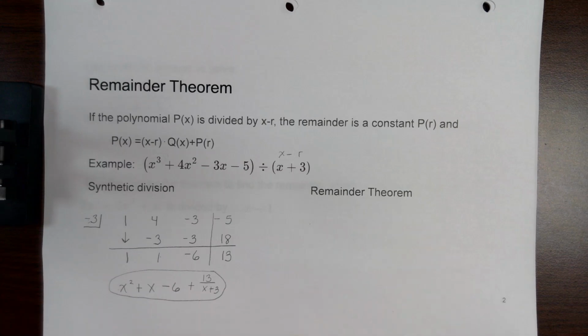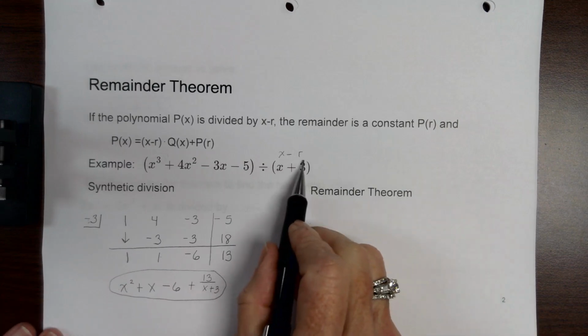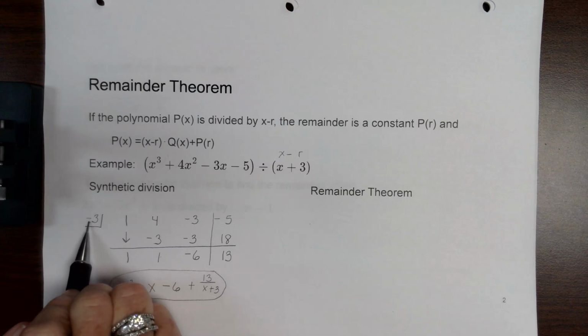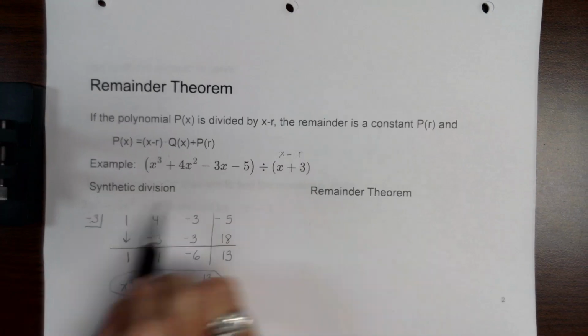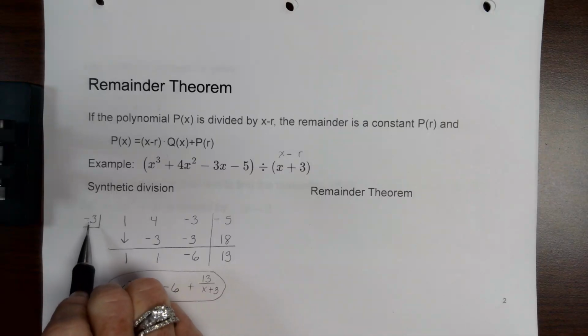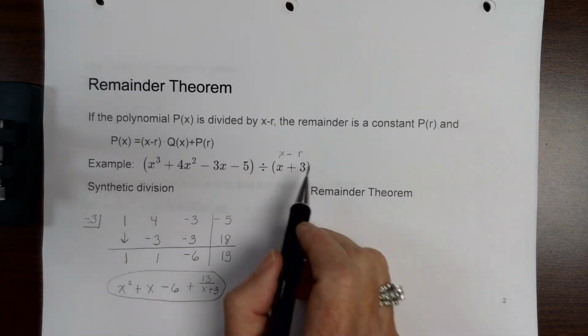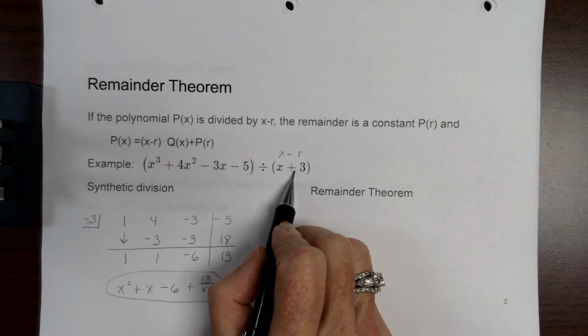The remainder theorem says that if I take that -3, the number that goes out here in my synthetic division, which is the actual zero, root or solution to the problem, this is the factor form of it.